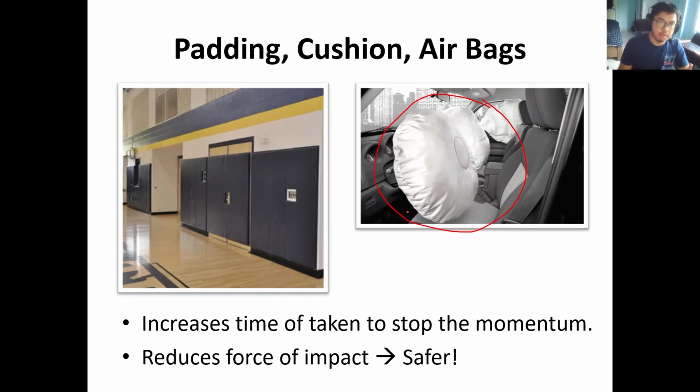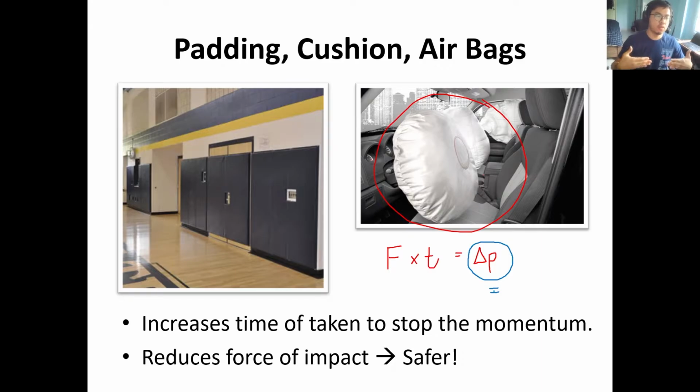So let's use the impulse equation to explain this. This is the impulse equation. During this process, when you're about to be in an accident, your change in momentum is the same. So this stays constant because your change in motion is the same.